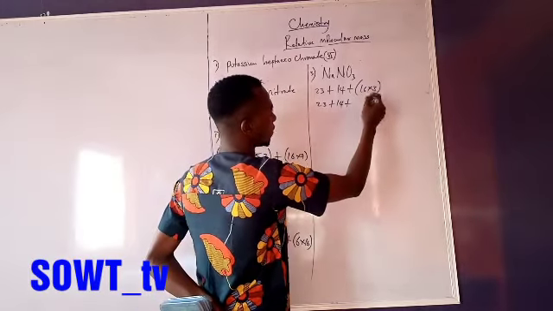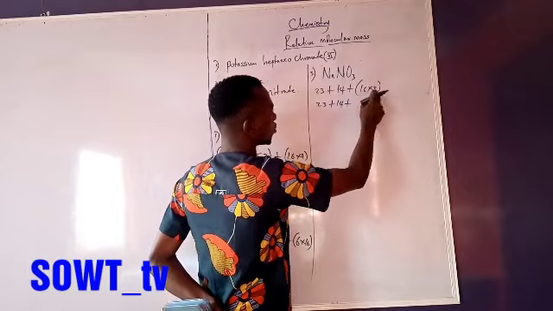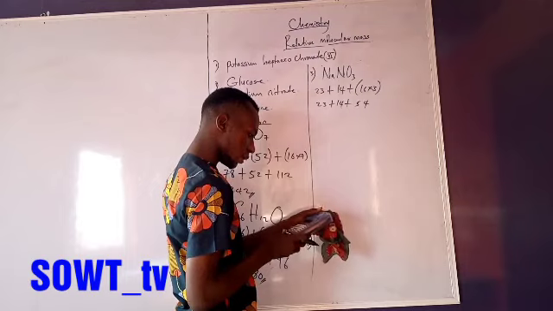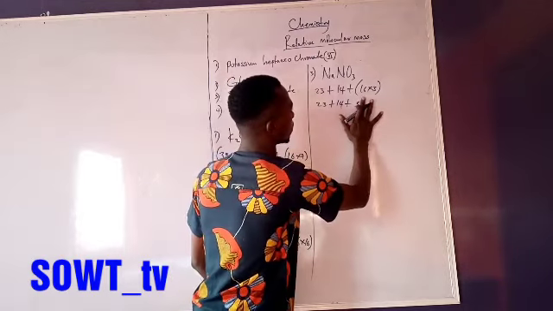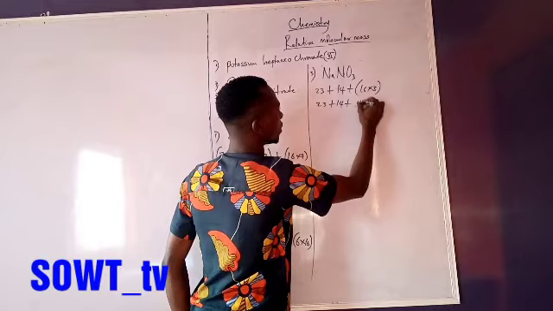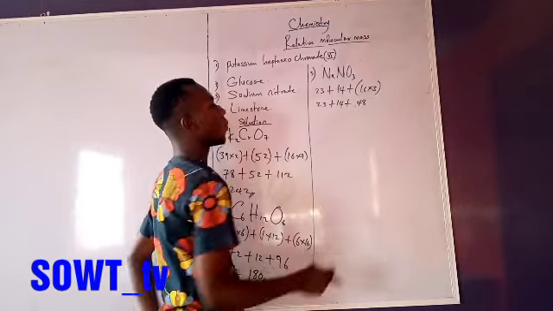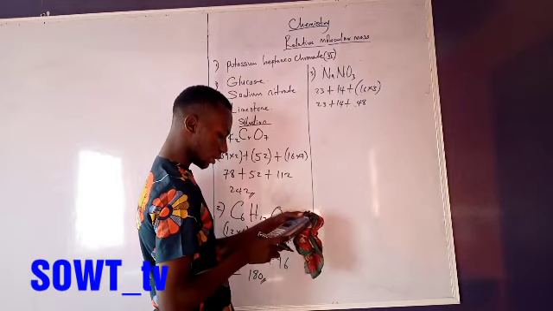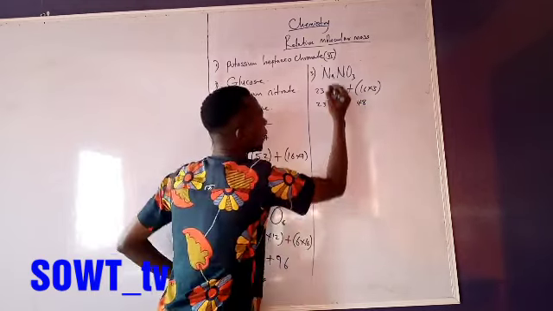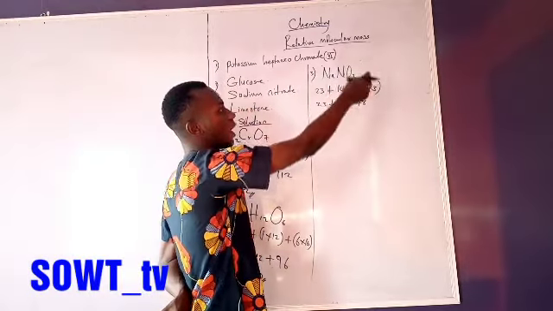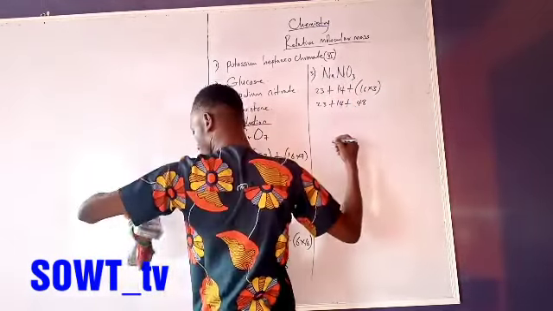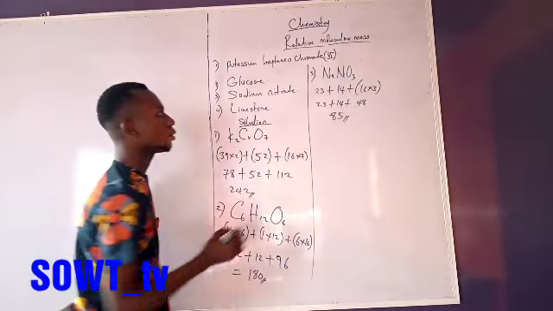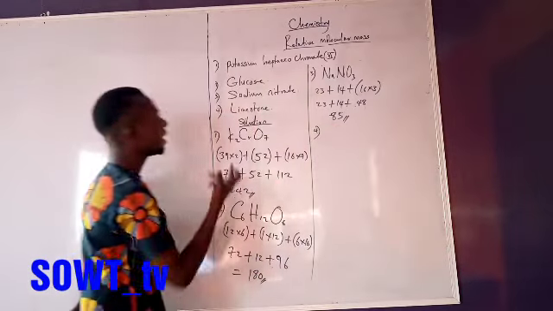Let's confirm that: 16 times 3 is 48. So adding everything up, we have 48 plus 14 plus 23. So the final answer for sodium trioxonitrate 5, or sodium nitrate, is 85.